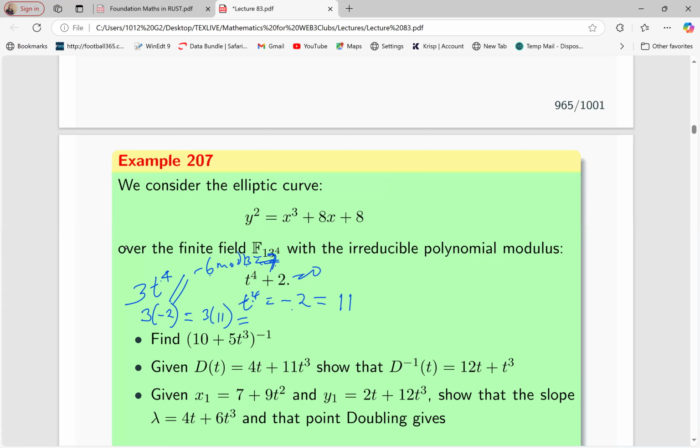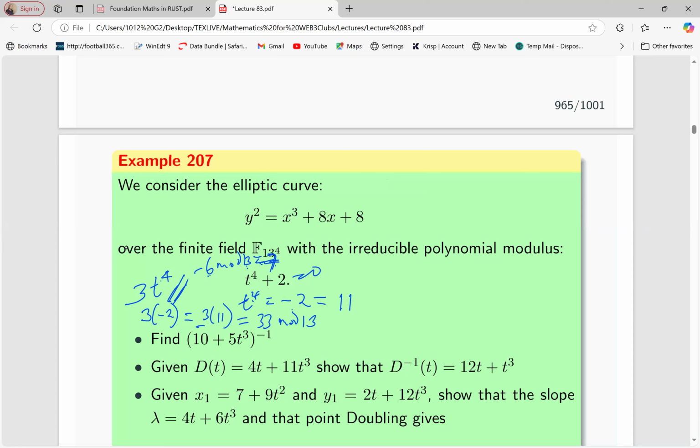This is 33, but you're doing it mod 13. Okay, this part was -6. Mod 13, that would be 7. I think I'm correct, 7 plus 6 is 13.